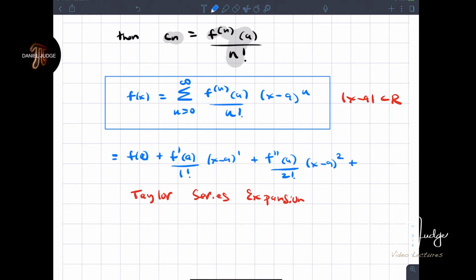And then f triple prime a over 3 factorial, (x minus a) cubed. This goes forever. You have a Taylor series expansion. This is called the Taylor series, and this is about a.